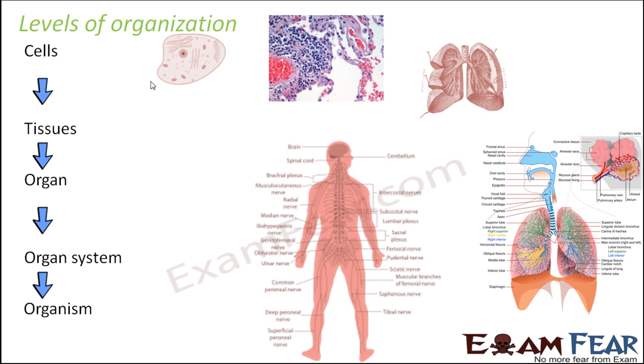Now this hierarchy has to be maintained for proper functioning of a multicellular organism. Because in a unicellular organism, it is quite simple because there is just one cell. So you cannot talk of division of labor, or of some of the cells getting grouped together. Nothing comes into the picture. There is just one cell, and that one cell has to perform all the functions, starting from ingestion, that is intake of food, digestion, excretion, blood circulation, everything.